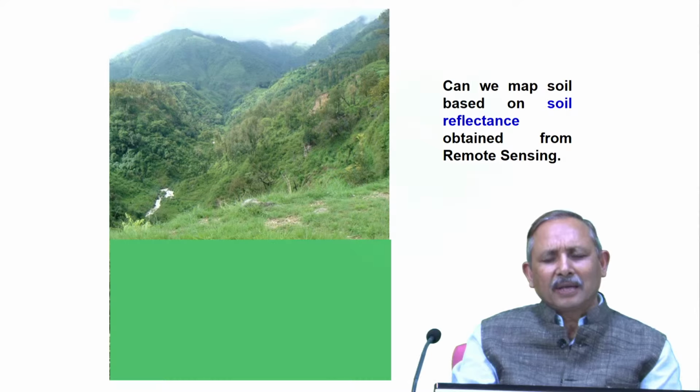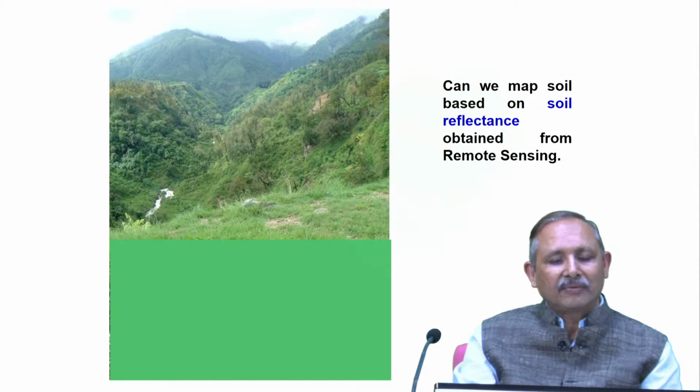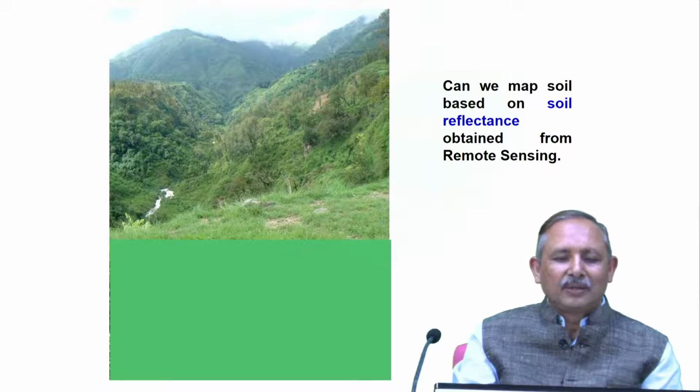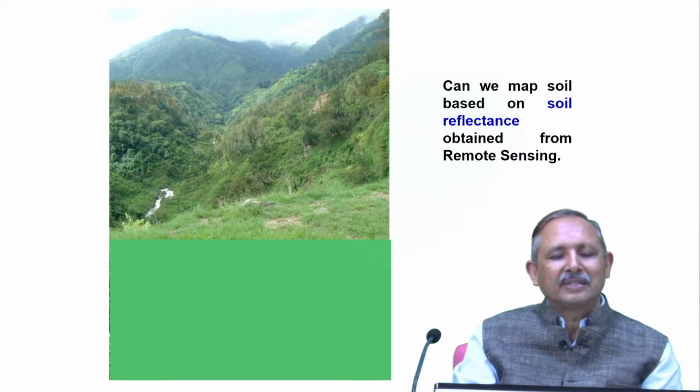For a picture I show you, I want to prepare a soil map of this area where it is hills covered with vegetation. If you take the reflectance characteristics of this, you will get the reflectance of the vegetation, not of the soil, because soil is covered with vegetation. So in natural forest cover, or where vegetation remains throughout the year, soil mapping with the correct reflectance characteristics is almost not possible.